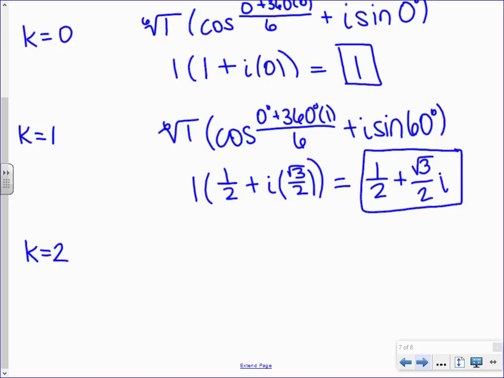Okay. Let's move on to k equals 2. The 6th root of r. Now our angle is our original angle plus 360 times 2 divided by 6.